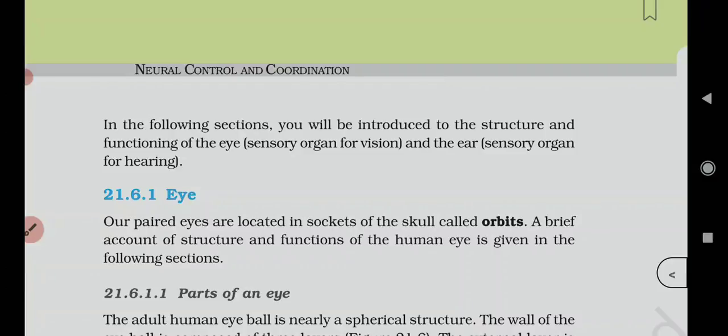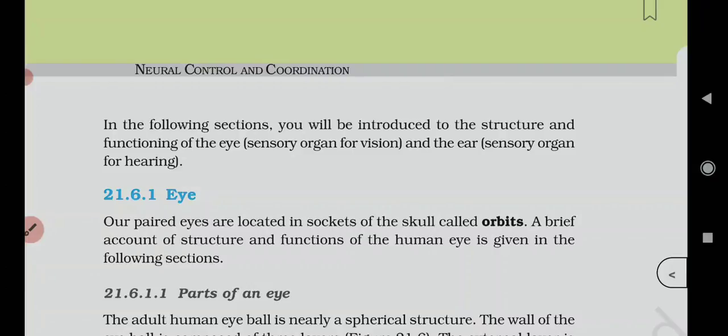Then after the ciliary body, there are other structures like ligaments attached to the ciliary body. It holds the lens in place, and we have a transparent crystalline lens, that is a biconvex lens.